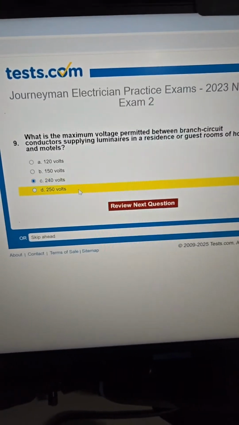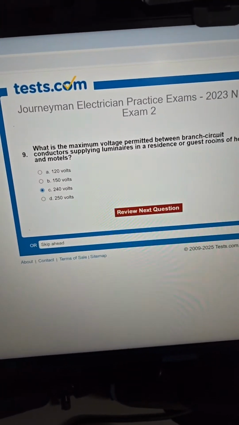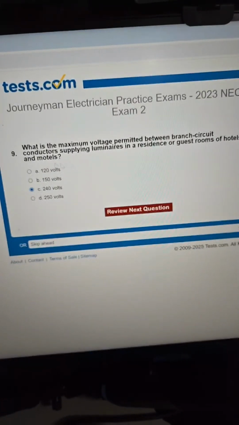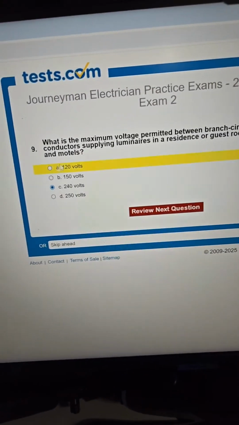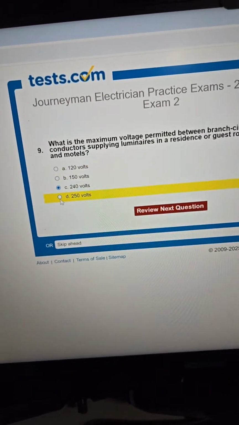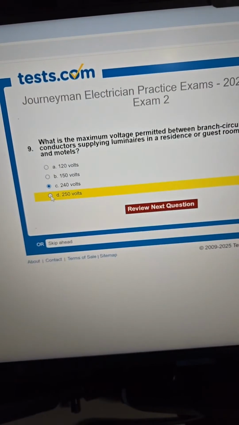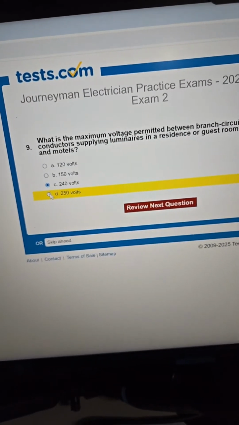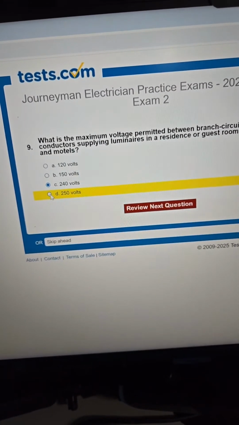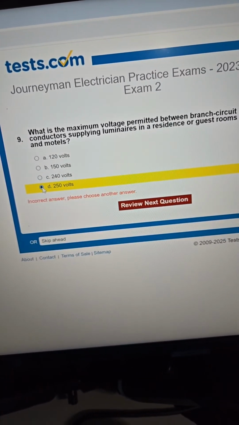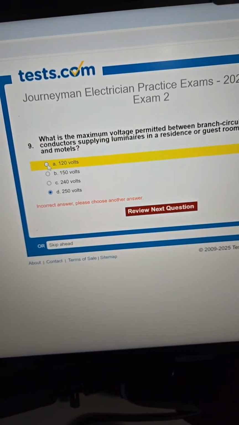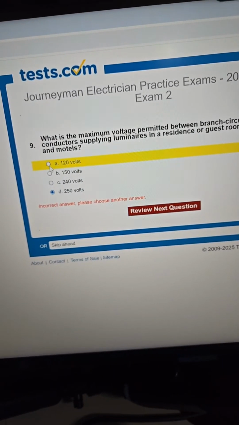Next question. The maximum voltage permitted between branch circuit conductors supplying luminaires or receptacles in residence guest rooms of hotels and motels. It might be 120 volts. We're going to go with 250. We're just going to try it, because that's typically when you need your dividers and when your grounding applies. We're just going to click it, see what happens. No, see, it's going to be 120, and I think I can explain why.